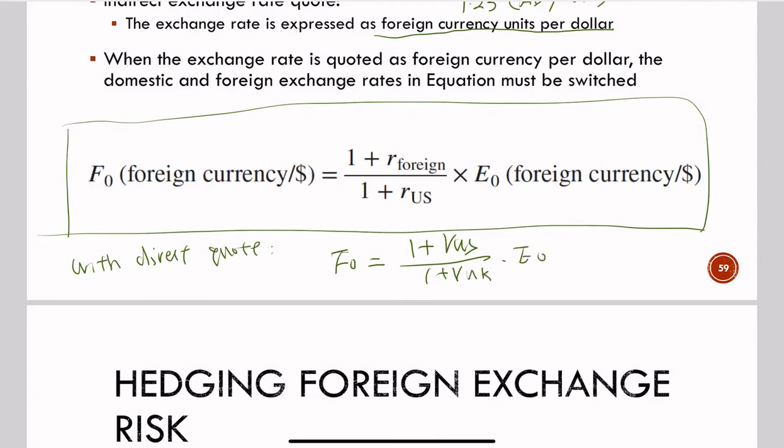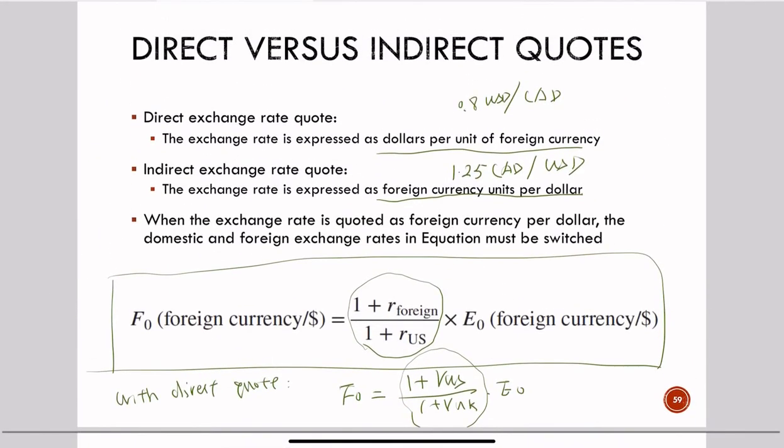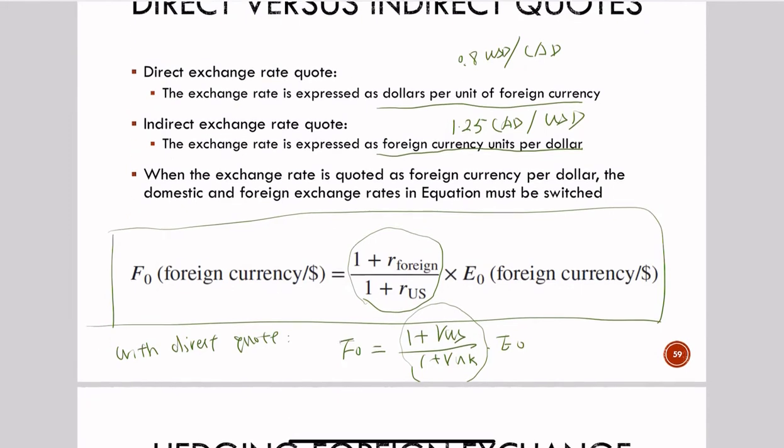And with an indirect quote, you will have the inverse of this, that is, (1 plus R_UK) divided by (1 plus R_US). So when you're using the interest rate parity theorem, you have to be careful what kind of numbers you're using. If it's a direct quote, you use this. If it's an indirect quote, you should use this.